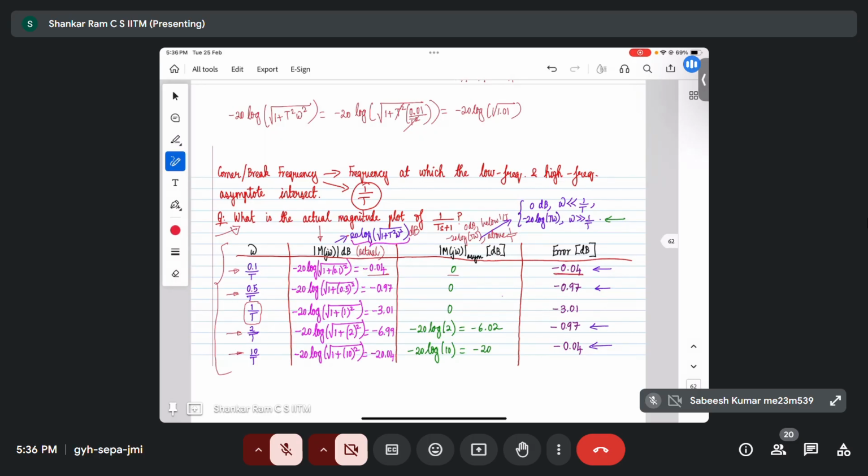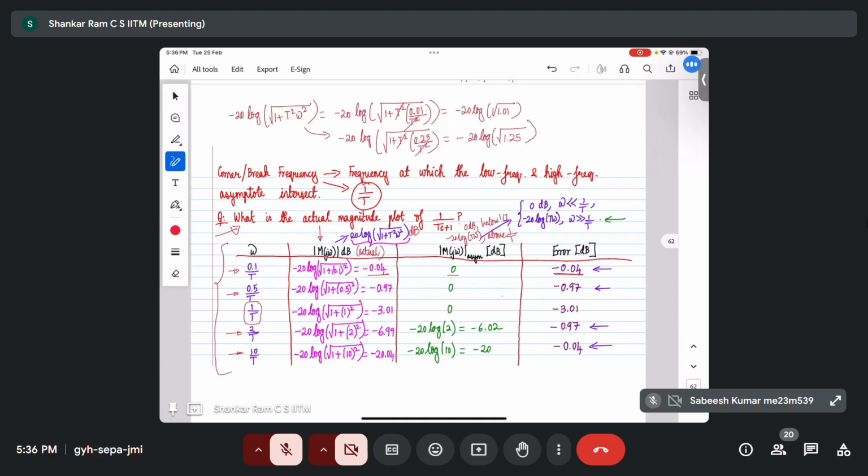Now we do the same thing for 0.5 by T. I substitute omega as 0.5 by T, so we will get 0.25 by T squared, and T squared will get cancelled. We get minus 20 log to the base 10 of the square root of 1.25.